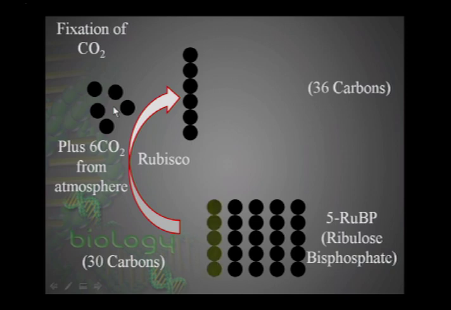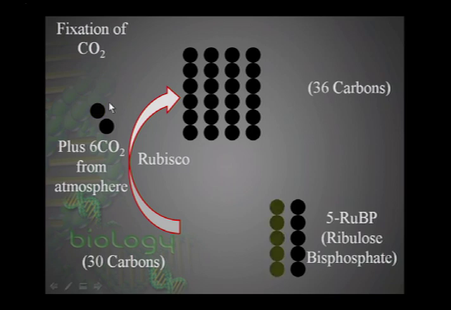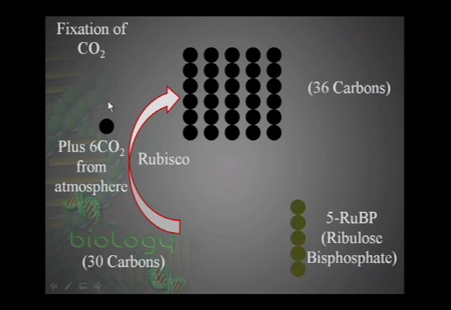Then it will do that for a second one, and then a third, a fourth, a fifth, and a sixth. So at the end of this part of the cycle, you start with 6 5-carbon ribulose bisphosphates and end up with 6 carbon intermediates, and these are very unstable molecules.